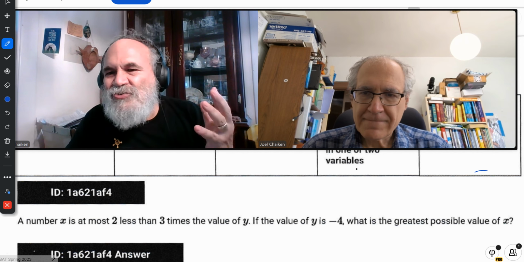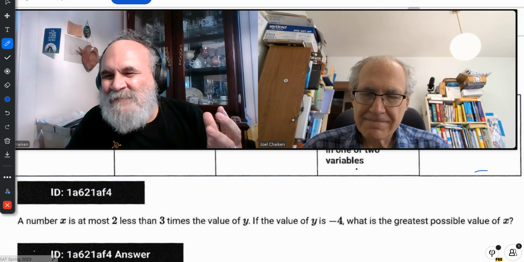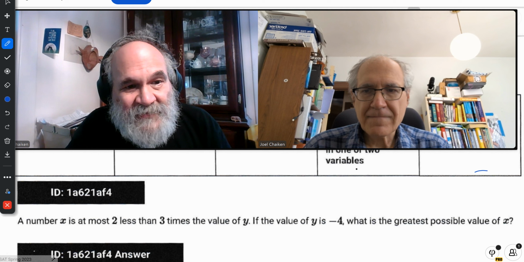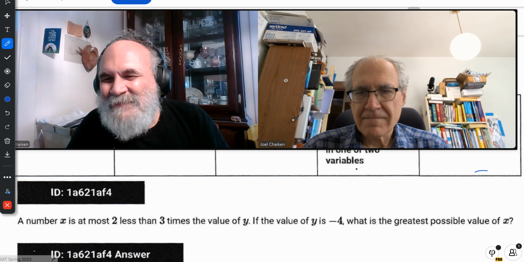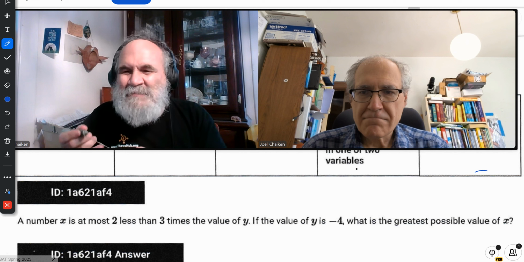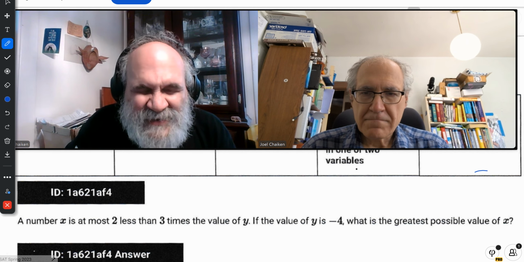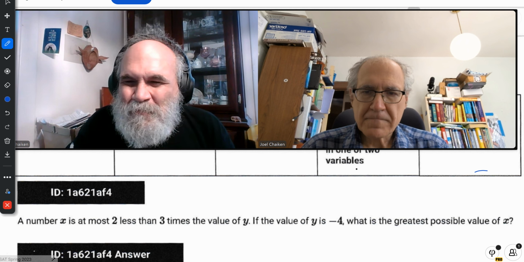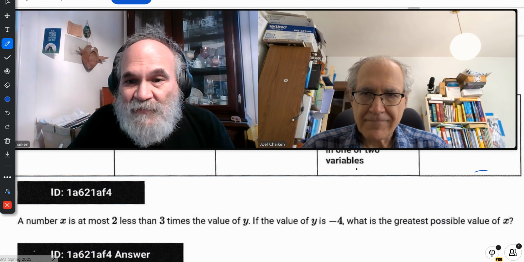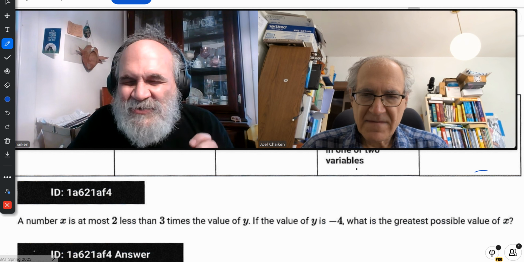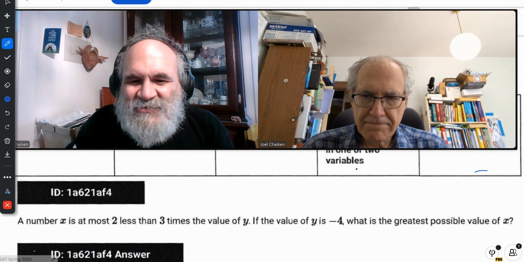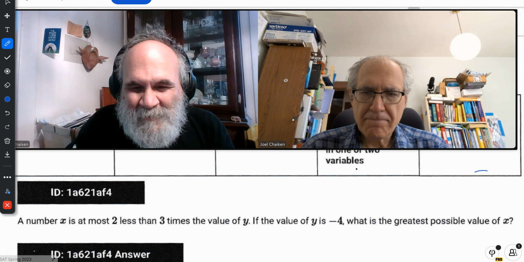So the greatest possible value of x is the number that it is at most of. The number it's at most of is 2 less than 3 times y. So for x to be the greatest value, x has to be equal to 2 less than 3 times y.